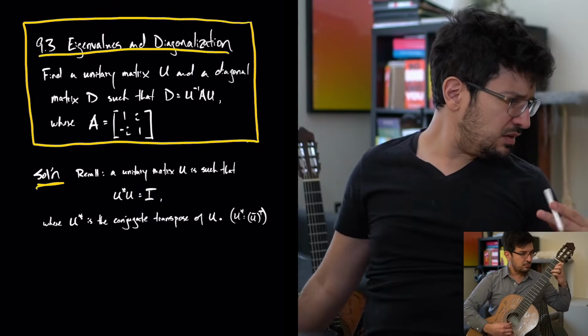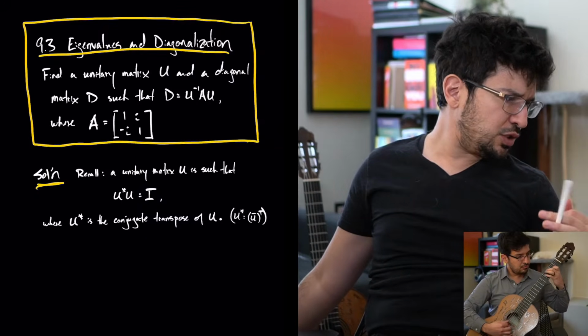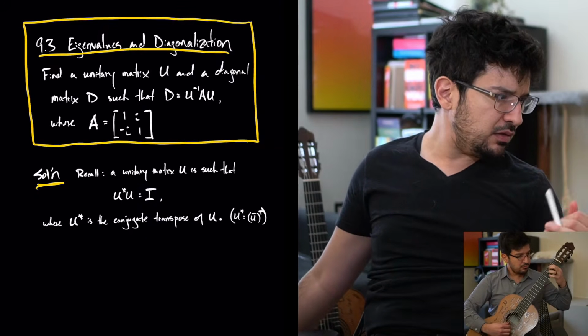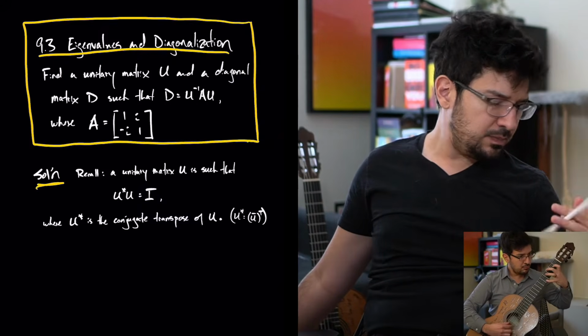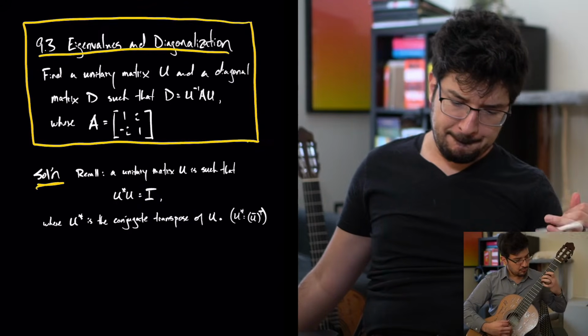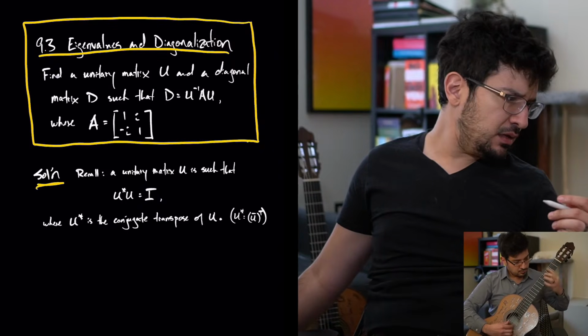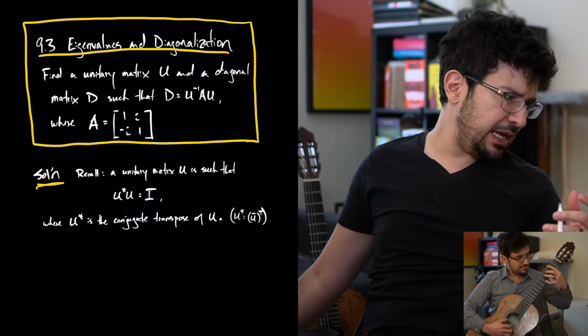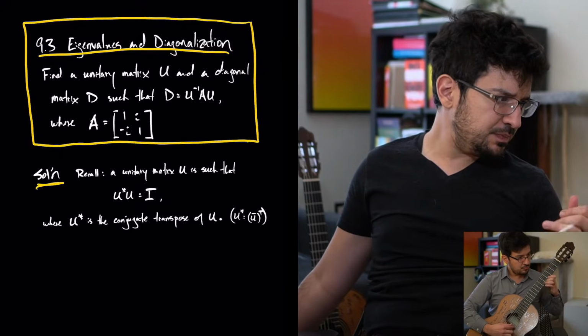Wait, what is this called? The conjugate transpose is this. Yeah. And then a unitary matrix is, so I got this correct.